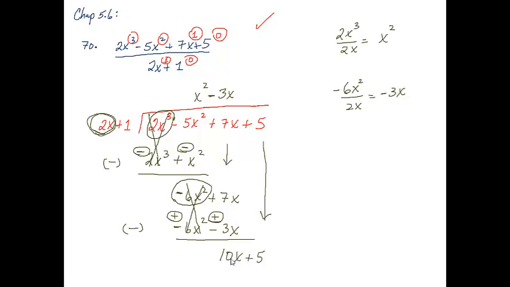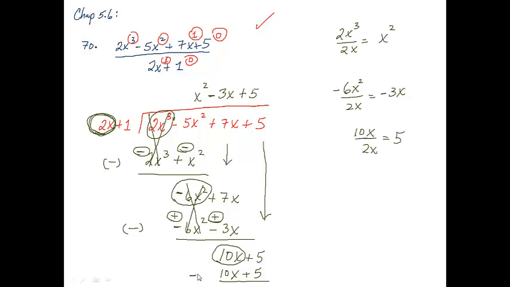And then again, it's a repeating game, right? So the first terms are 10x and 2x. 10x divided by 2x is equal to 5. So put the 5 at the top. I'm adding 5. And then take every term in your divisor and multiply it by the 5. So 5 times 2x is 10x. 5 times 1 is plus 5.